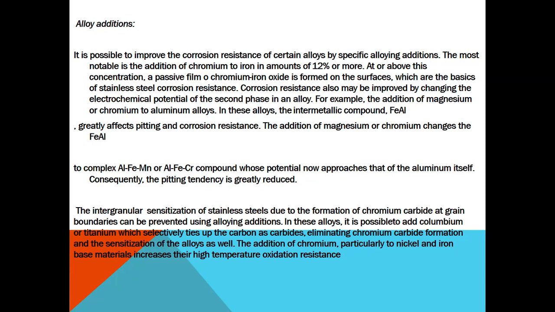Corrosion resistance may also be improved by changing the electrochemical potential of the second phase in the alloy, for example, the addition of magnesium or chromium to aluminum alloys. In these alloys, the intermetallic compound is Fe aluminum.